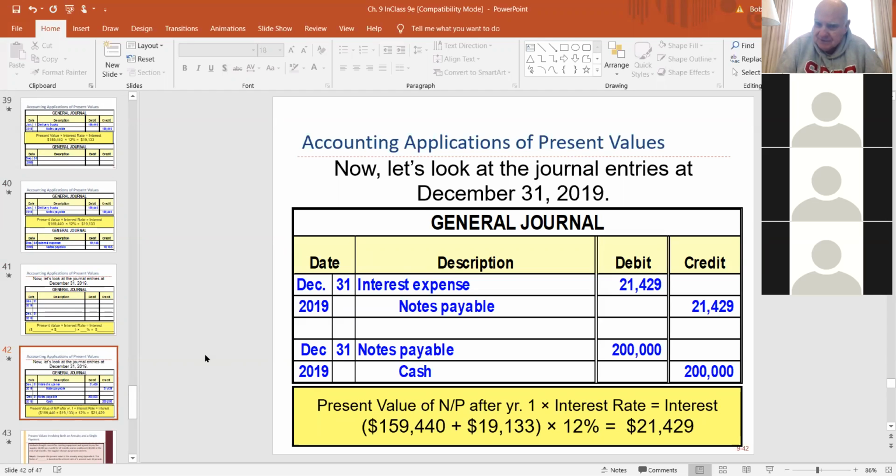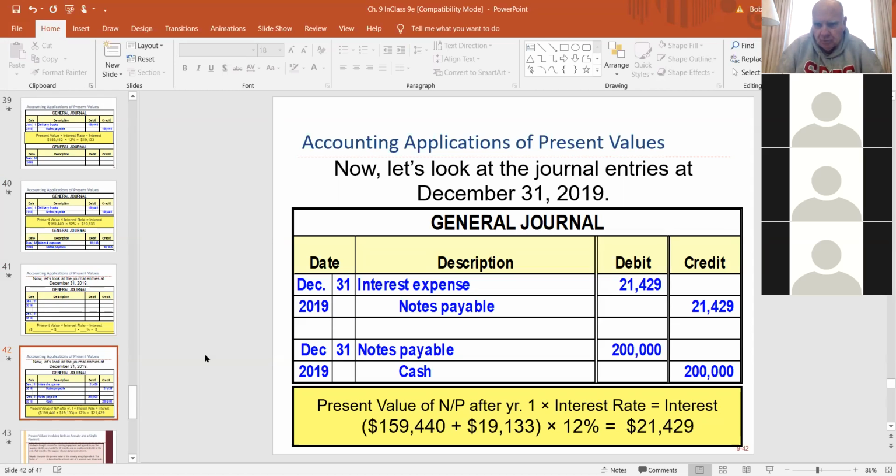So it's a little tricky. This is brand new. You never even heard of present value really before. But I hope you walk away this morning understanding the concept real well, that the present value is worth what a future amount is today, okay?